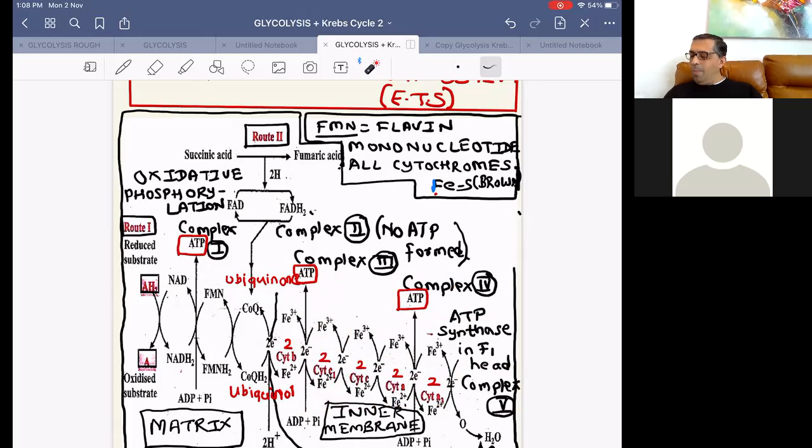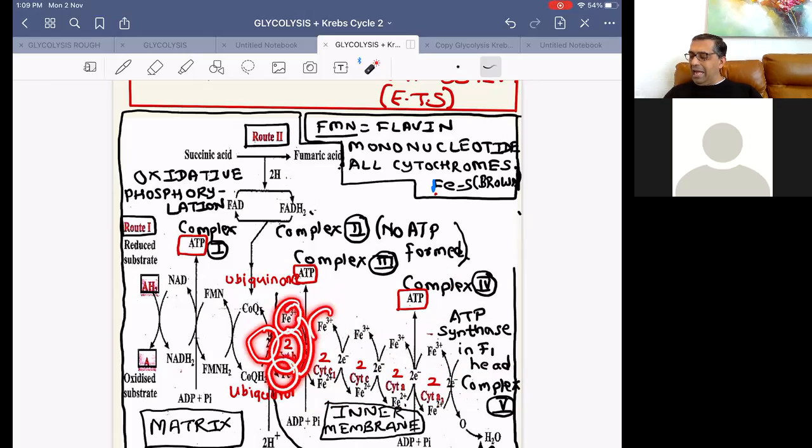By the way, how many electrons are there? 2. And how many cytochrome Bs are there? 2. So one electron will go to one cytochrome B. So Fe triple plus accepts 1 electron and gets converted into Fe double plus.